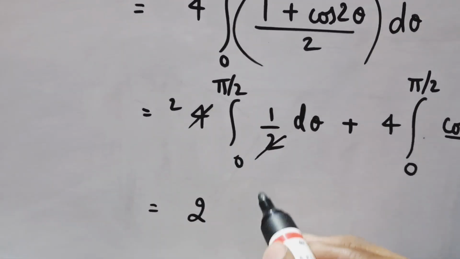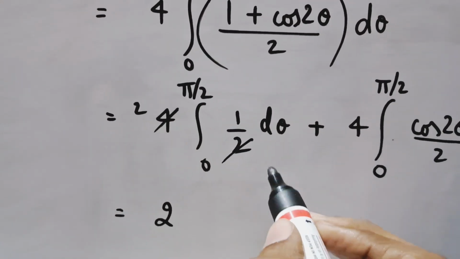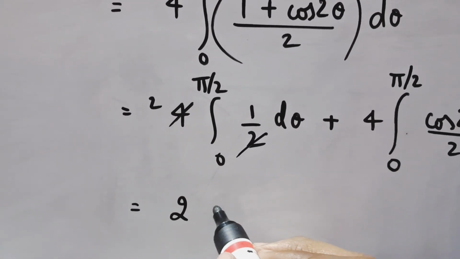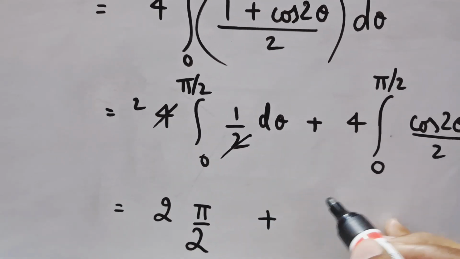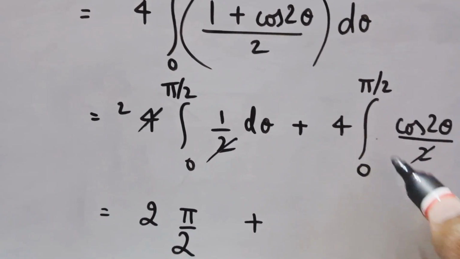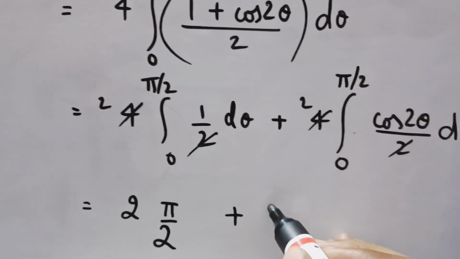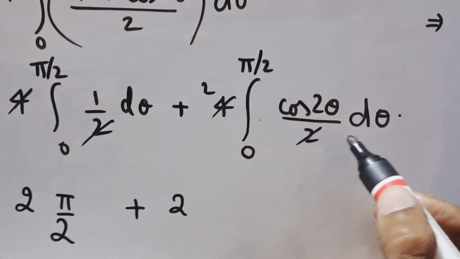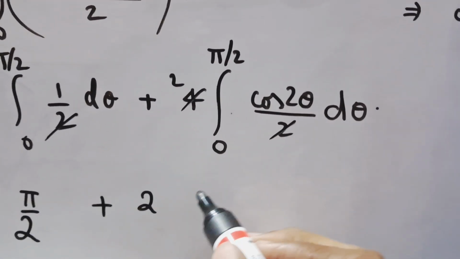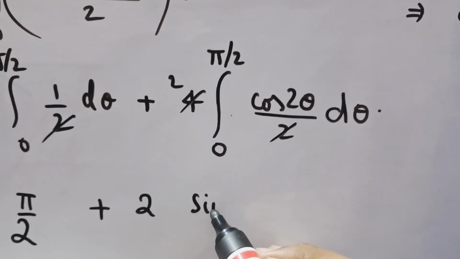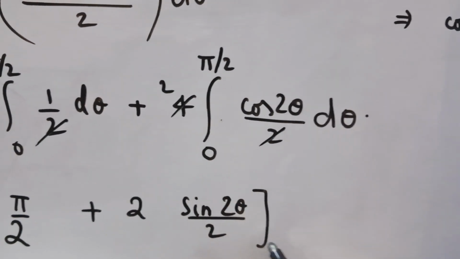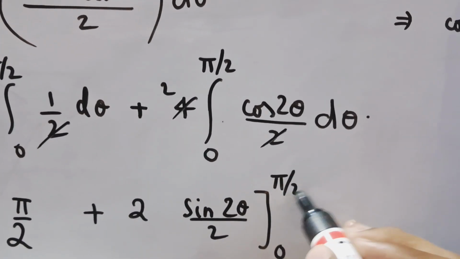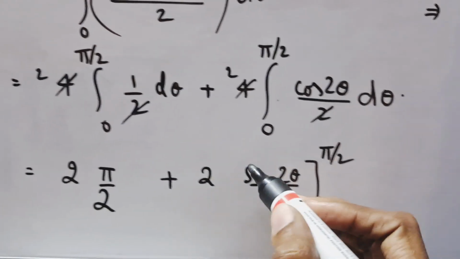So 2 times the integral from 0 to pi by 2 of 1 d theta is nothing but pi by 2, so this term gives pi. Plus here also 2 gets cancelled: 2 times the integral from 0 to pi by 2 of cos 2 theta d theta will be sine 2 theta by 2, with limits 0 to pi by 2.